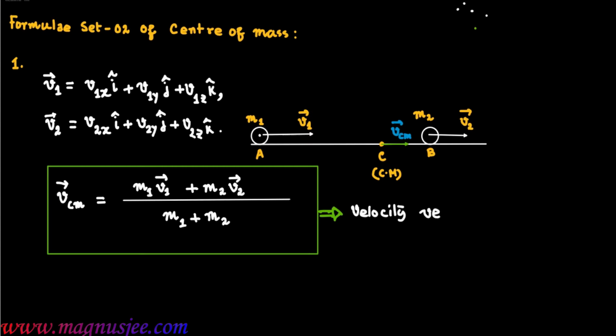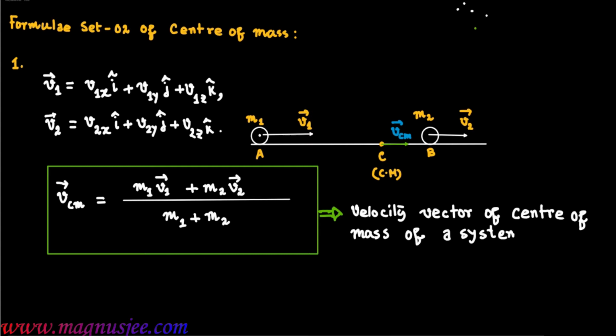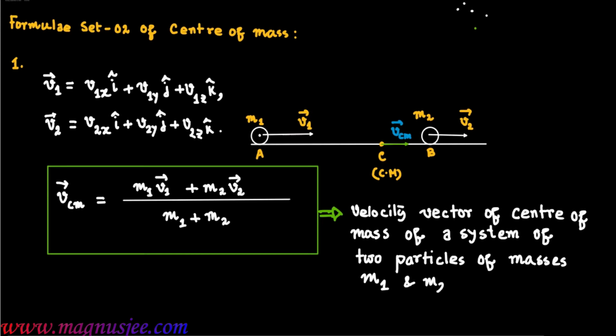Vector vcm is the velocity vector of center of mass of a system of two particles, or two bodies, of masses m1 and m2 moving with velocity vectors v1 and v2.